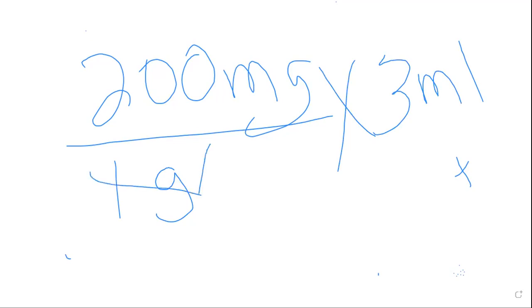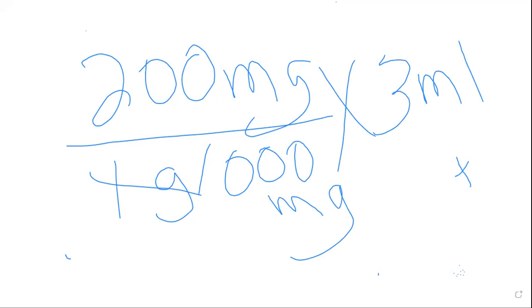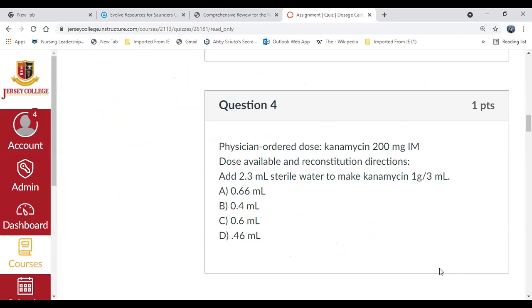I'm going to do the gram to milligrams just because it's a little easier conversion. So we multiply that times 1,000. Then we take 200 divided by 1,000, and then multiply that times 3. You should have gotten 0.6 mLs. Let's see if we have an answer choice that says 0.6 mLs. Look at that, number C. Awesome.